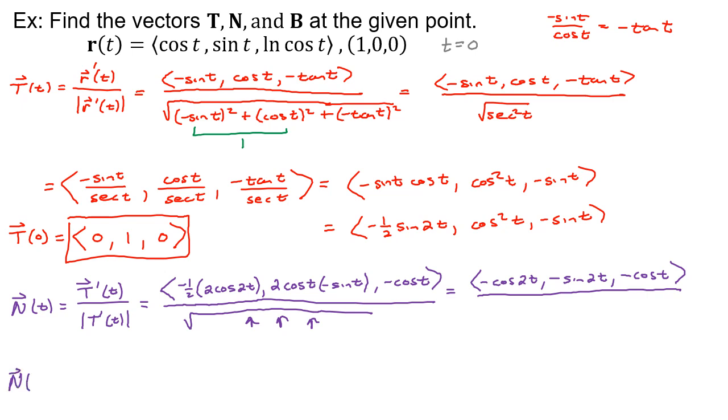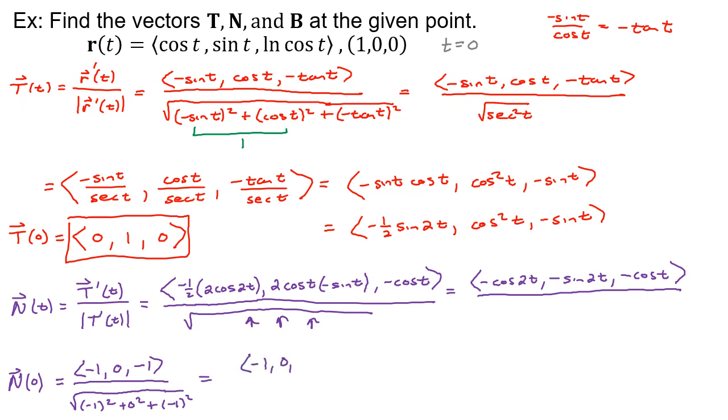So N, evaluated at 0, would be plug 0 into that top vector I just got. Cosine of 0 is 1, so I'll get a negative 1. Sine of 0 is 0, so I get a 0. And cosine of 0 is 1, so I get a negative 1 on top. And so instead of doing a magnitude with a bunch of trig functions in it, we're going to do a magnitude with a negative 1, a 0, and a negative 1.